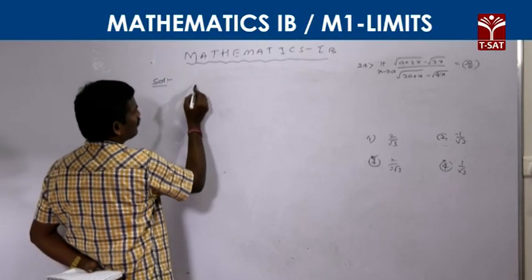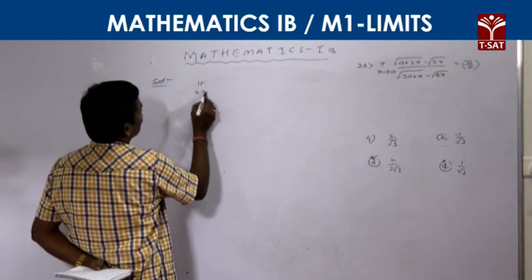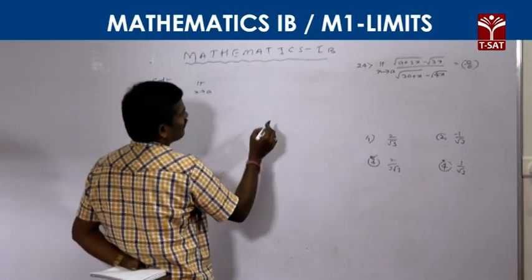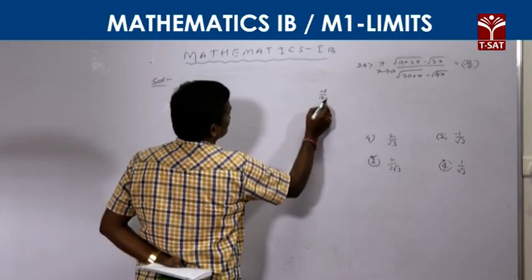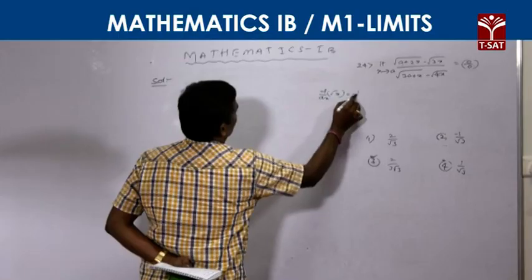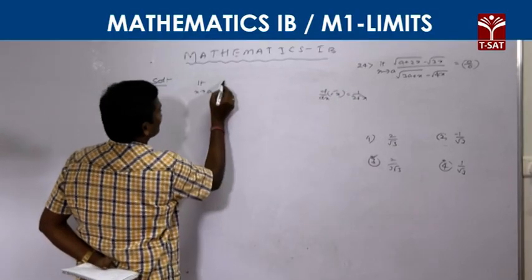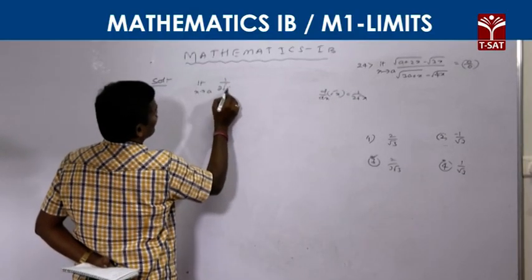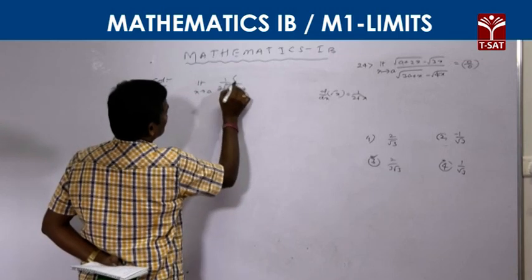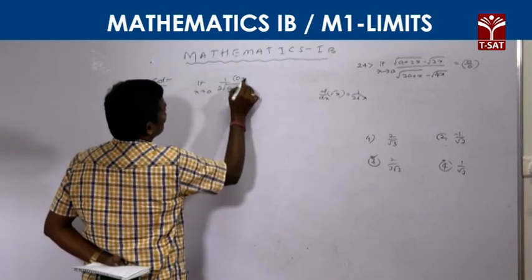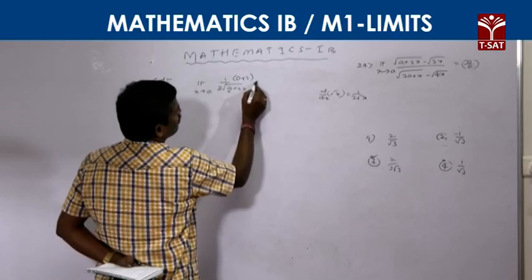So we can use L'Hospital's rule. Limit x tends to a, directly differentiate. Derivative of root x is 1 by 2 root x. So here 1 by 2 root over a plus 2x. The inner function derivative: constant a is 0, plus 2x is 2.